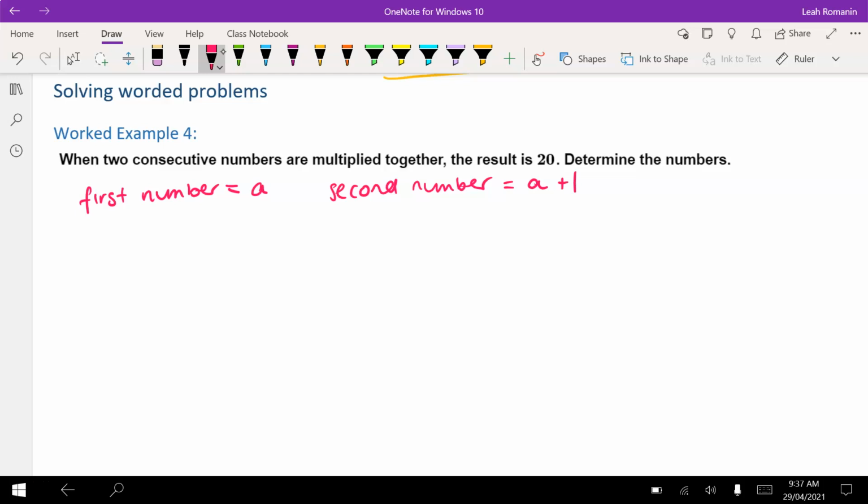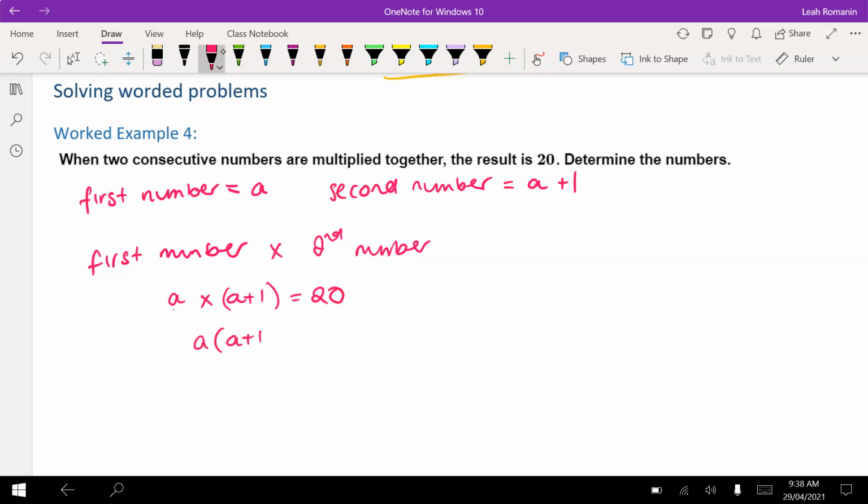Then I'm going to write myself an equation. So my two numbers are multiplied together. So I'm going to have my first number multiplied by my second number, which means I'm going to have A times A plus 1 is equal to 20.